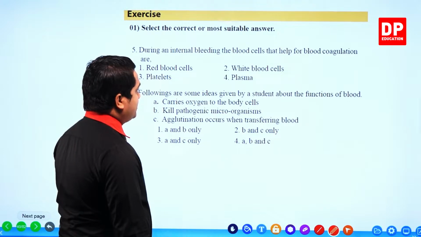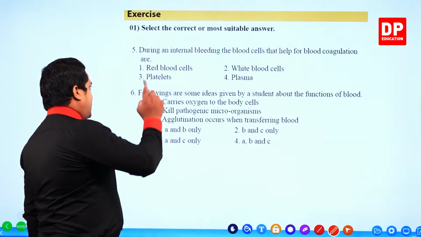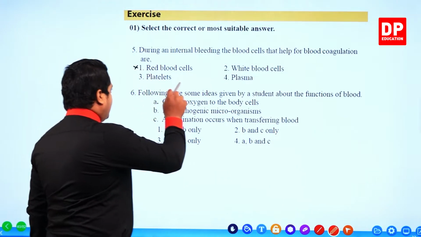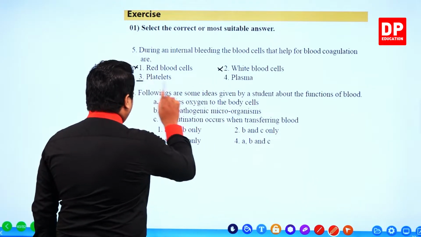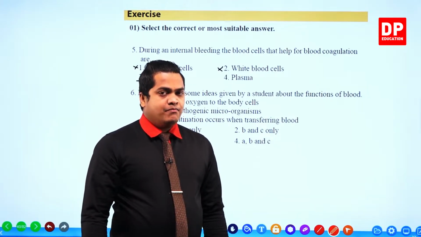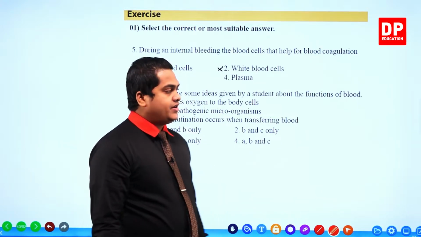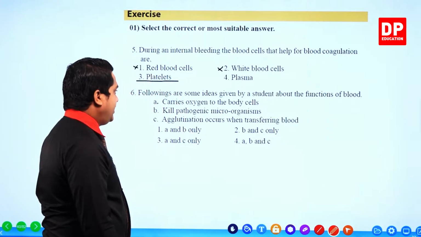Internal bleeding, the cells that help in blood coagulation are not red blood cells, not white blood cells, but platelets. Right? Platelets are the ones which are important factor in clotting of blood or coagulation of blood.